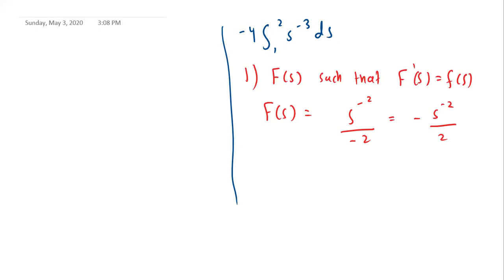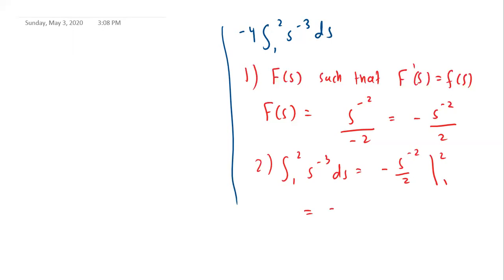Then we evaluate at the endpoints. Okay, so then the integral from 1 to 2 of s to the negative 3 ds is, by definition, this thing here. Remember the notation, evaluated at the endpoints, which just means plug in 2 and then subtract what you get when you plug in 1.